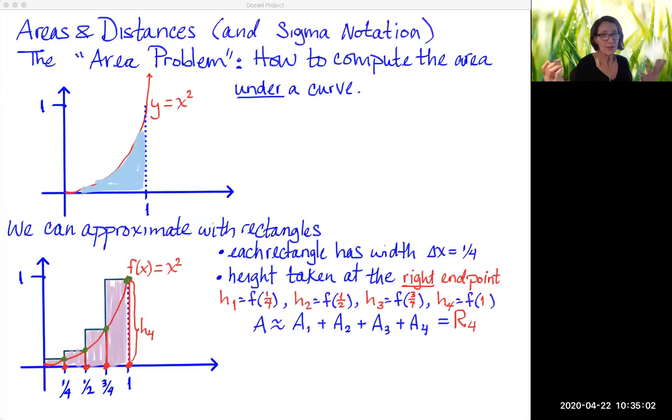And R stands for right endpoints. 4 means I'm using 4 rectangles. So we're going to use that notation throughout. R sub 4 means we're taking right endpoints of subintervals and we're taking only 4 rectangles.